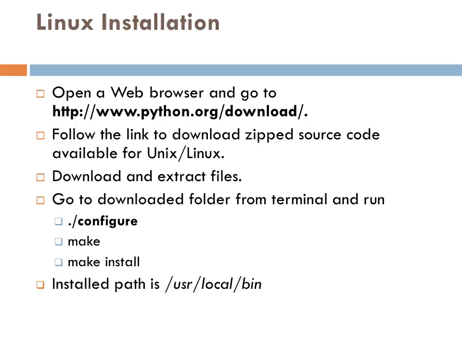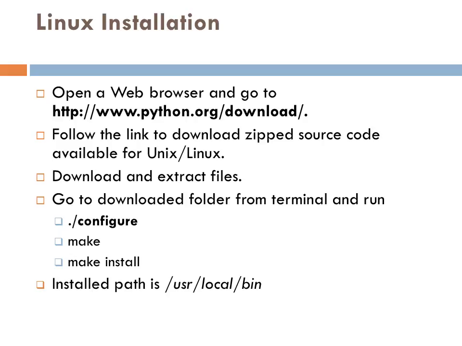Now we will see how to install Python in a Linux environment. Go to www.python.org/download, then download the appropriate zip version of the Python software for Linux or Ubuntu. After downloading, extract it to an appropriate folder on your hard disk. Then traverse to the folder where you extracted the files in the terminal and type the command ./configure.